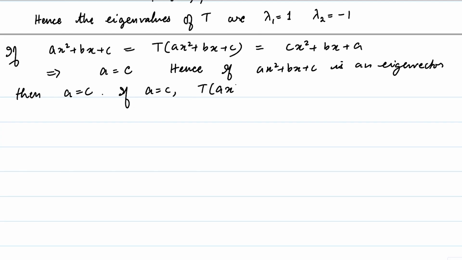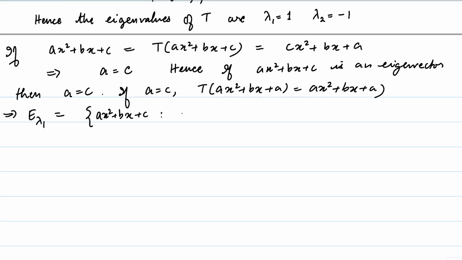T of ax² + bx + a will just be equal to ax² + bx + a, which gives that E_λ1, the eigenspace corresponding to λ1, is the set of all ax² + bx + c such that a is equal to c. Well, let me just leave it for you to check that.